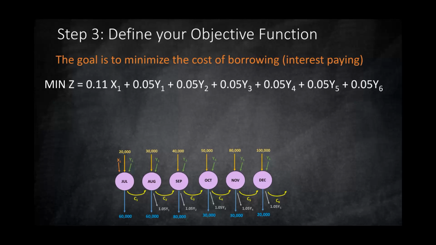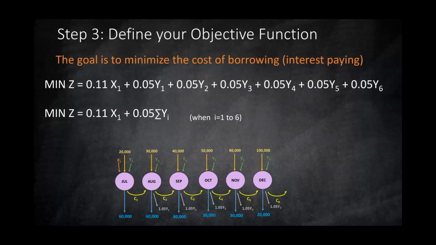And then for each month that we take Y_i, we will pay 5%. So here is the representation. You can also use a shortcut notation using summation for Y_i. So this is your objective function.